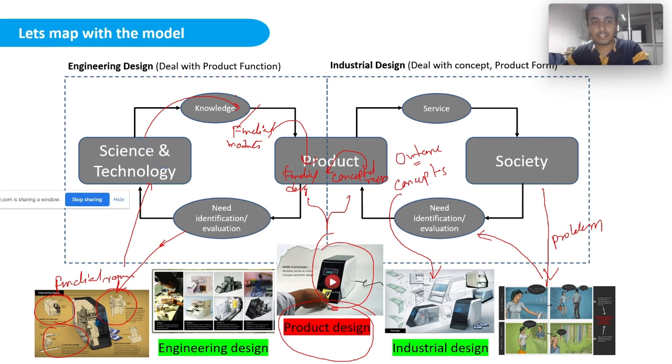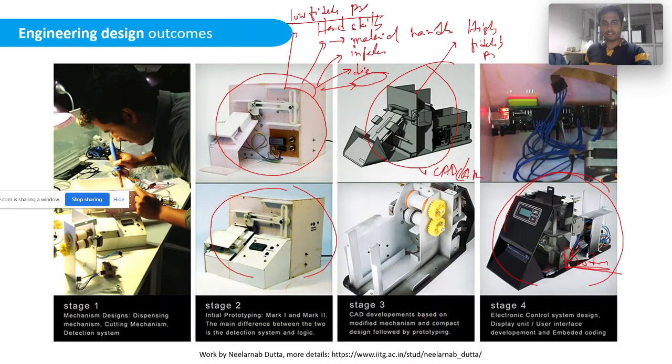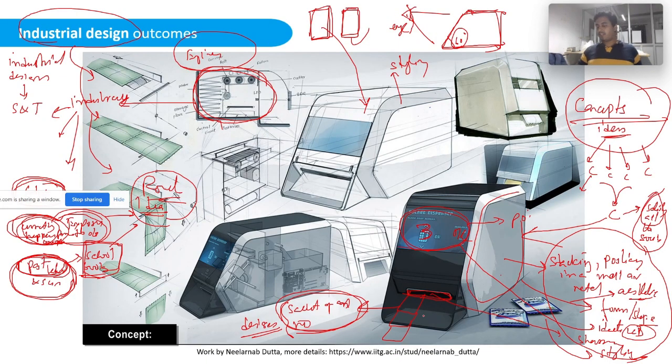Here, industrial design, does it mean 100% conceptual design? That's what I just tried to define in the industrial design phase here. Ideally, the nature of an industrial design outcome is that a person tries to come up with a concept, which means ideas.